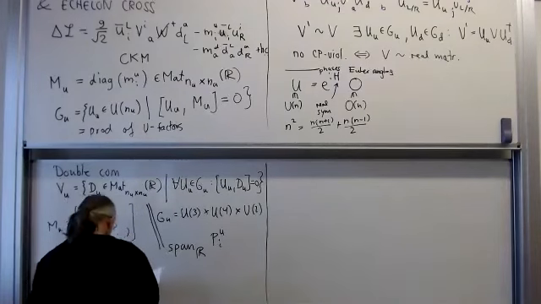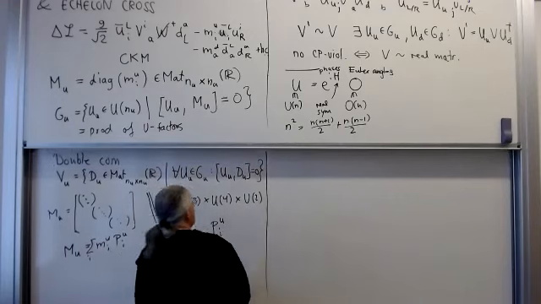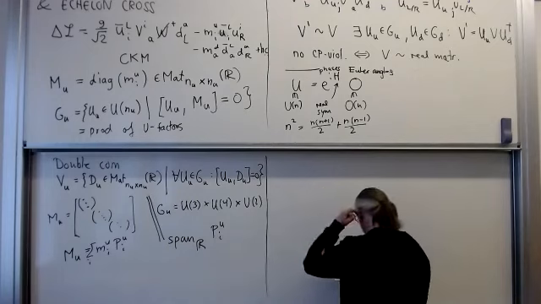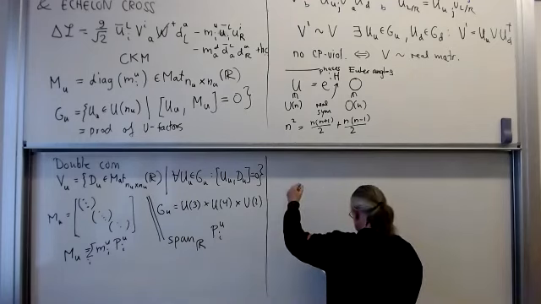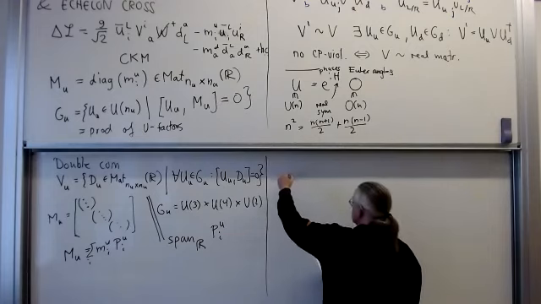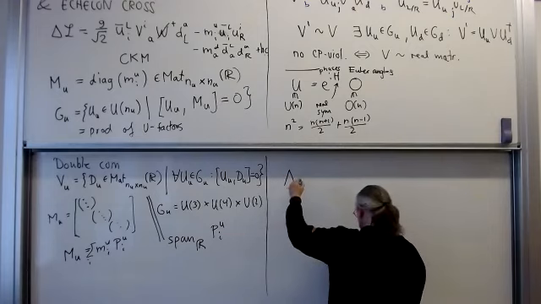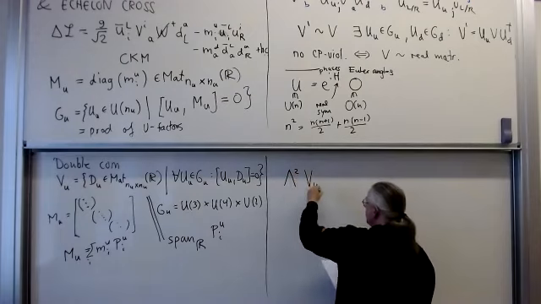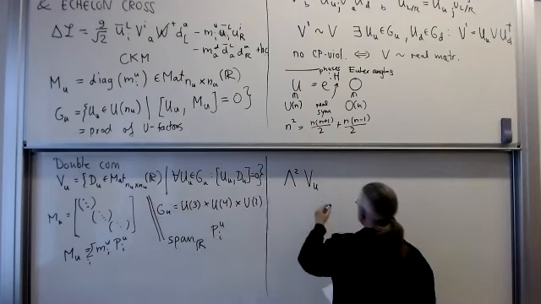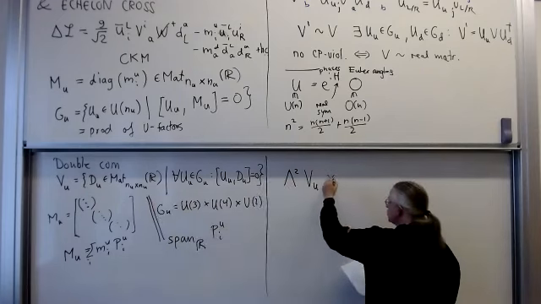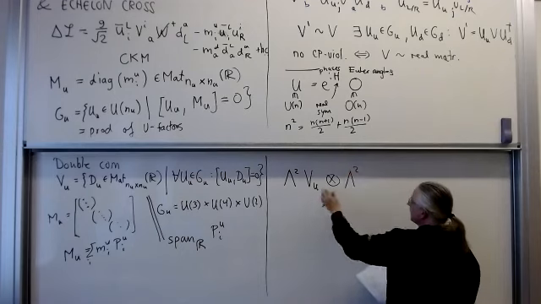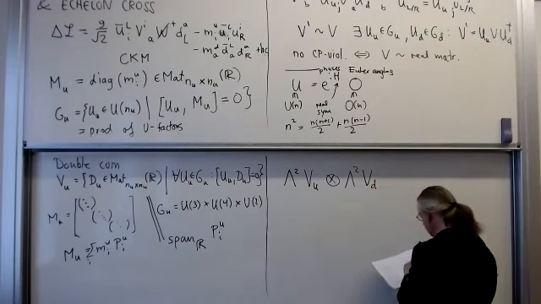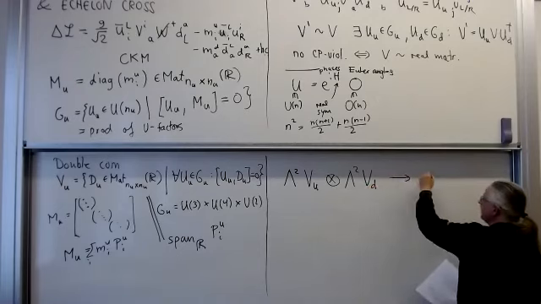the Jarlskog invariant. And it's defined as follows. Maybe I put it over here. So we say that it's defined with two copies of the up double commutant space and two copies of, in an antisymmetric combination actually, the down here, and then it gives back a real number.